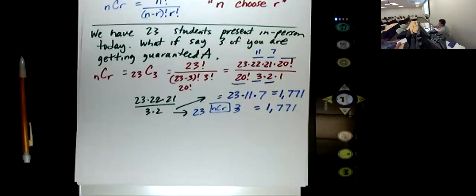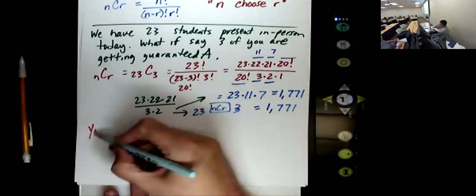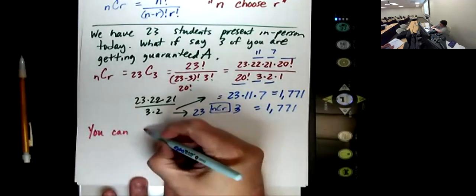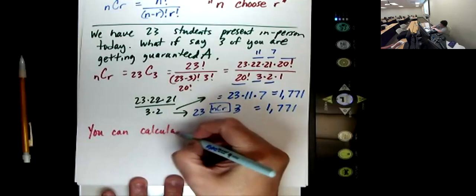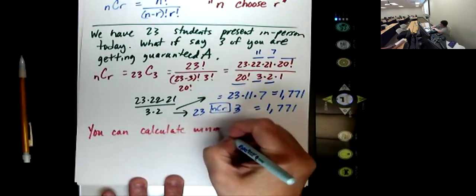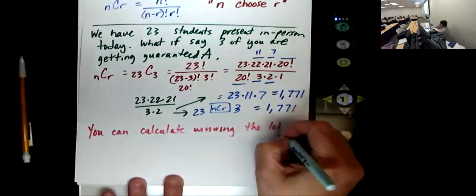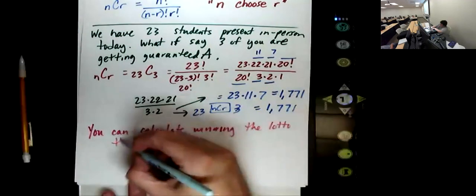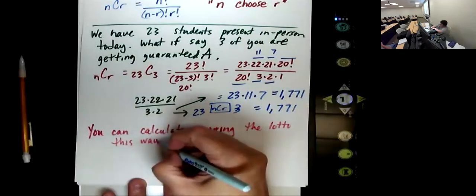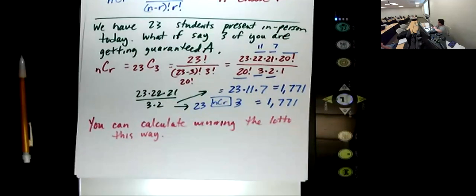You can calculate the probability of winning the lotto this way. Let's say you're doing the Mega Millions.